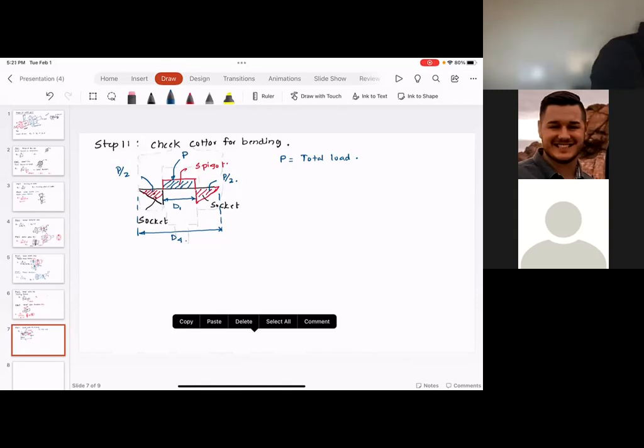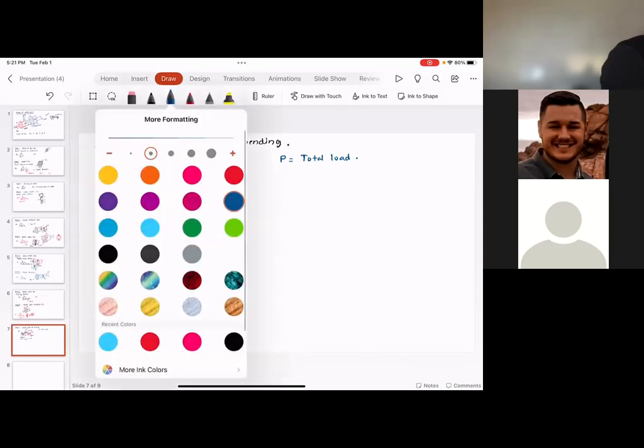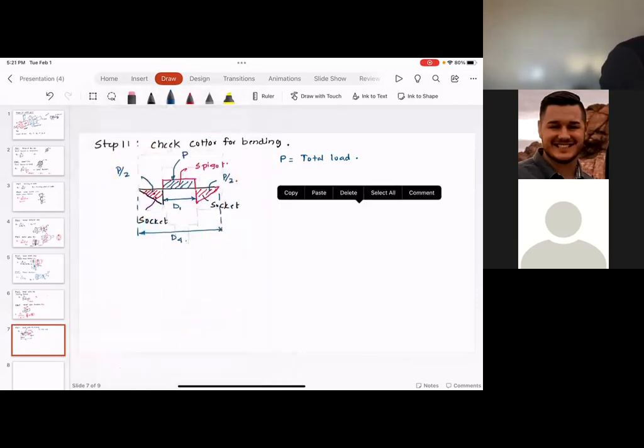If I were to draw the free body diagram, it is going to look something like this. I'm going to have the maximum load here, and please understand, I have a triangular load. The total load will be located at the centroid of the triangle. So I'm going to have P by 2 over here, and P by 2 over here.